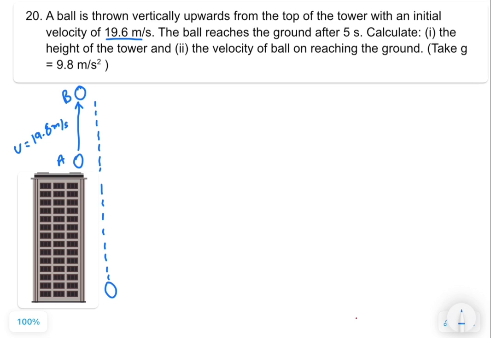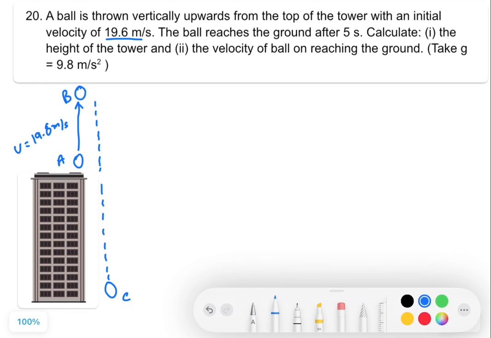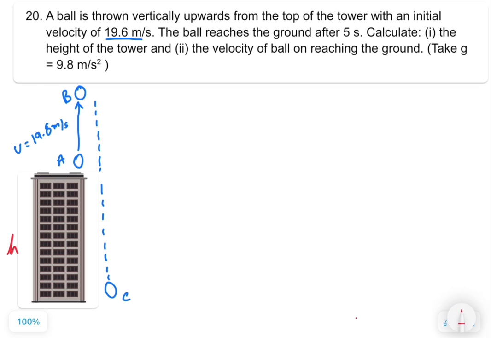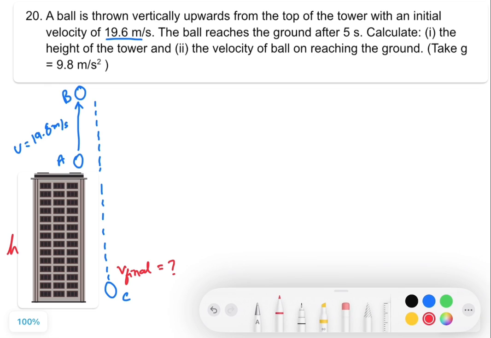Total time of journey of the ball is 5 seconds. Calculate the height of the tower and the velocity of the ball on reaching the ground. So we need to find the height and the velocity just before the ball touches the ground. Take g equal to 9.8 meters per second square.